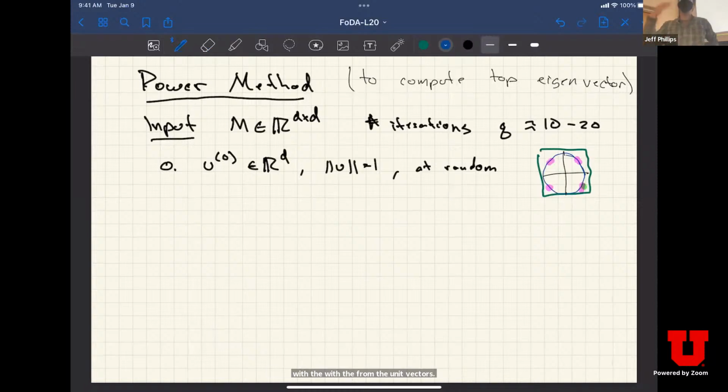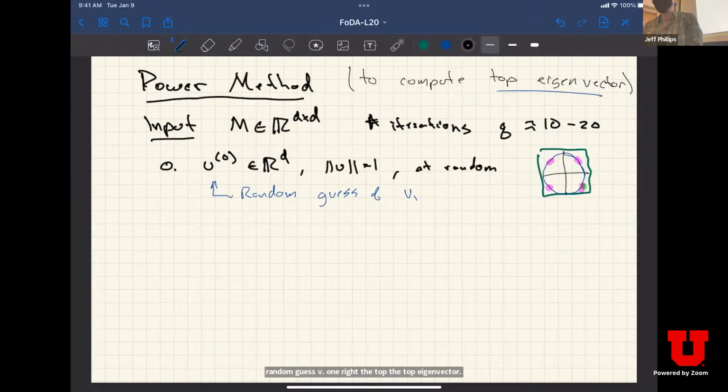So you need to initialize with a random vector, a random guess. This is my random guess of V1, the top eigenvector. And then I'm just going to run a for loop.